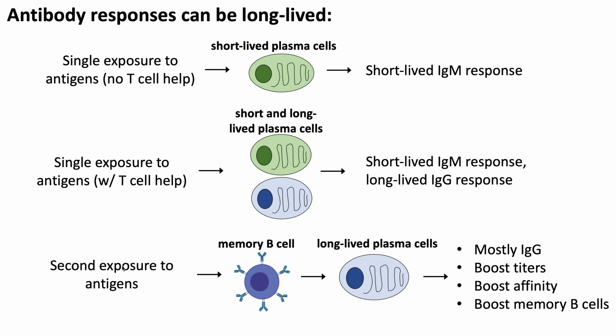And a second exposure to antigens will activate memory B cells to in turn induce a second round of long-lived plasma cells. And these are going to be mostly IgG producing plasma cells. This second exposure will boost the amount of antibody that's circulating, and it will boost the affinity of that antibody. And you'll generate more memory B cells from that second exposure.